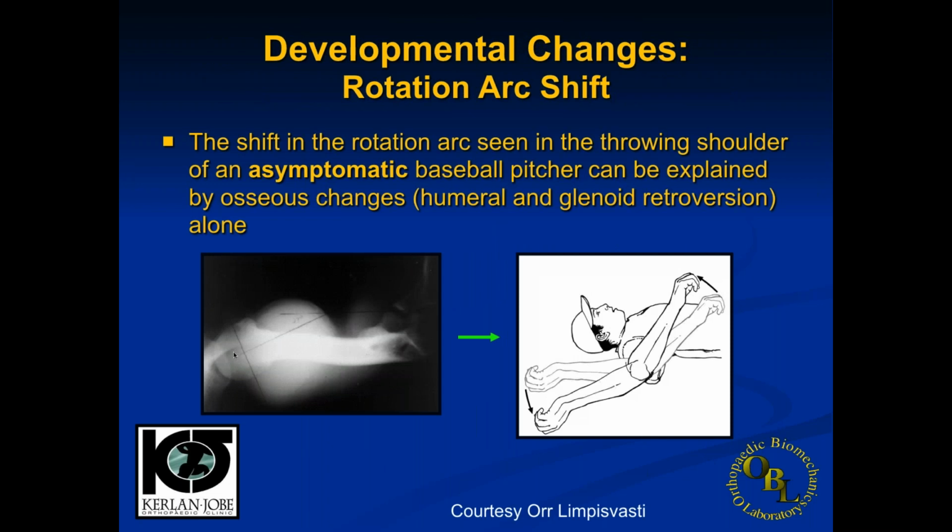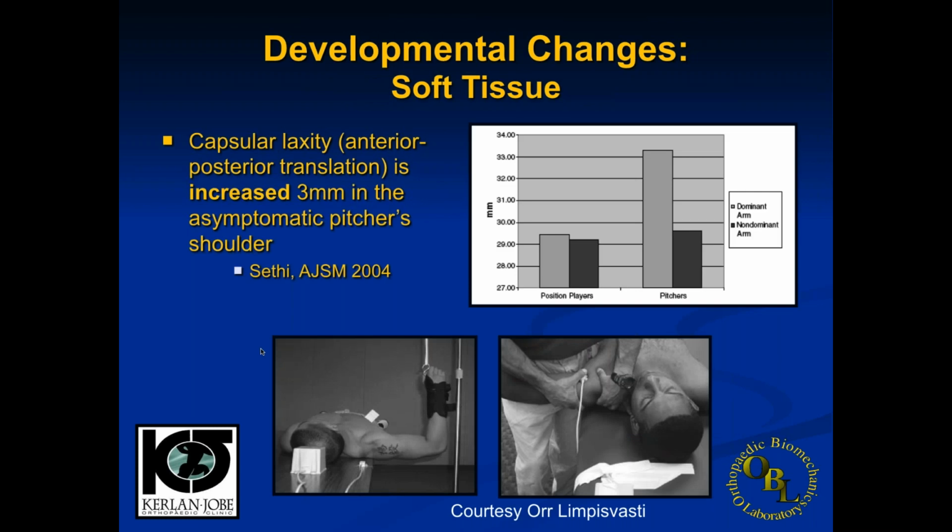If you actually do measurements on the morphology of the humeral head, you find that they're asymmetric in baseball players, with the dominant humeral head changing in a configuration which allows the shoulder to hyper externally rotate. And so there are actually bony changes which occur.